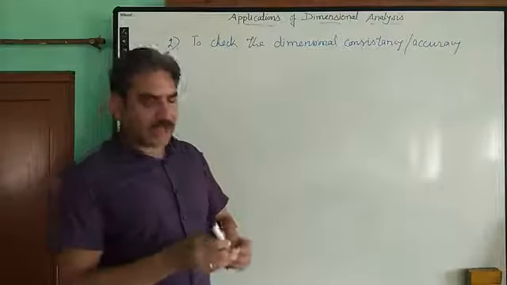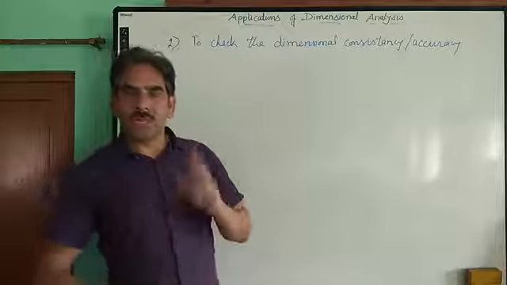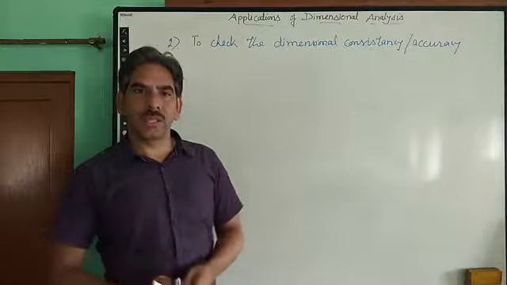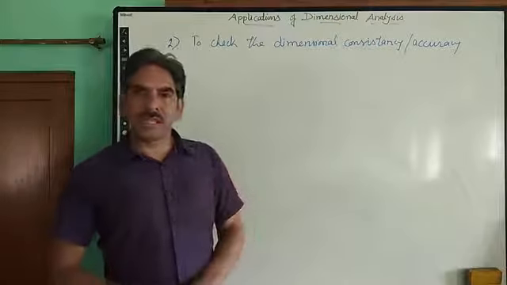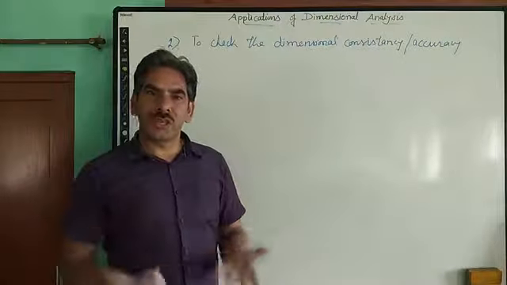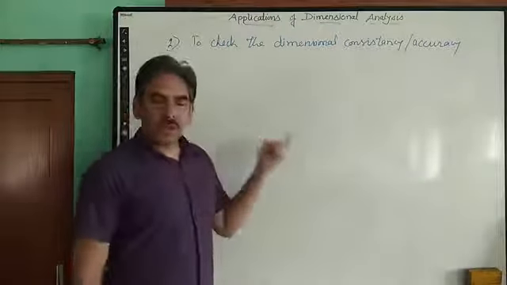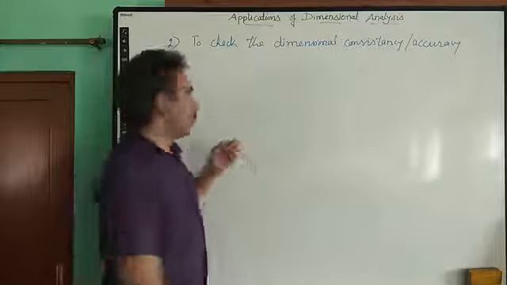So we may have some physical quantity. With the method of dimensions, we can check whether the equation is consistent or not, or whether the given physical quantity placed in the formula is consistent or not. Consistent means whether it is correct or not. To know about this application, let me take this simple example.